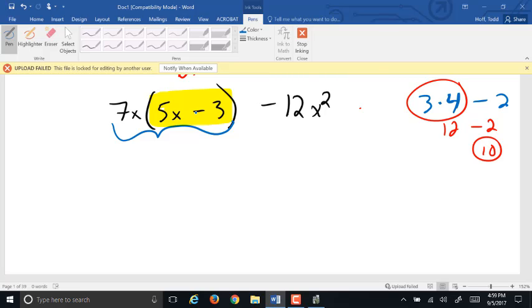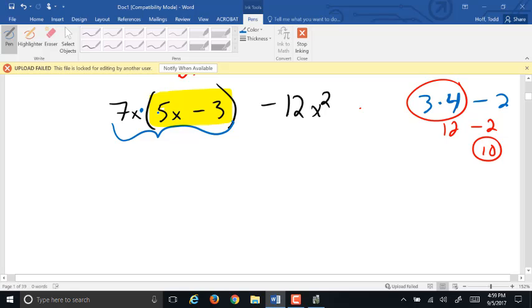The second question then is, is there anything that needs to be done, any operations that need to be done to the parentheses? And in this case, there is. It is multiplied by the 7x. Now, as we look through the problem, there's no other order of operations level of priorities. There's no exponents, no other enclosing symbols.